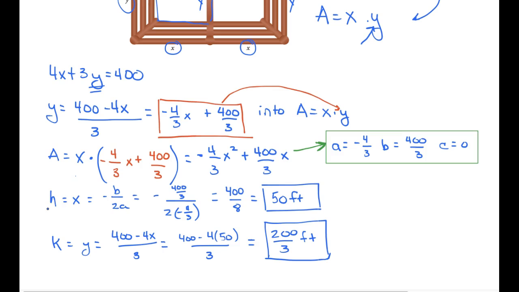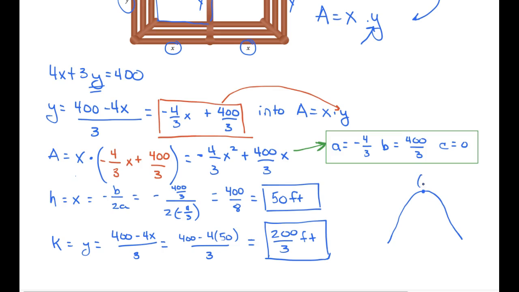Now we're going to find the h value of the vertex. If you look at this quadratic, the problem said maximum area, so you know it's going to face downward.